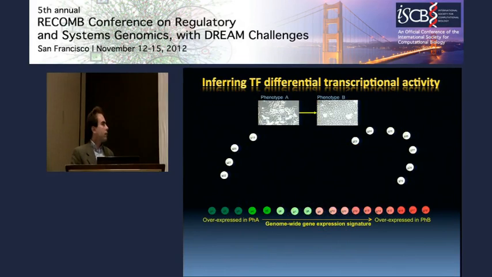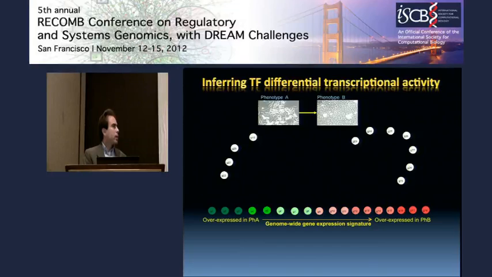So for going to the layer that is the closest to the gene expression, that is the transcriptional layer, what we can imagine is that if we have two closely related phenotypes, the transition between these two phenotypes can be captured by a specific gene expression signature in which some of the genes are downregulated in phenotype B versus phenotype A, while other genes here in red are upregulated, and some other genes are not differentially expressed.